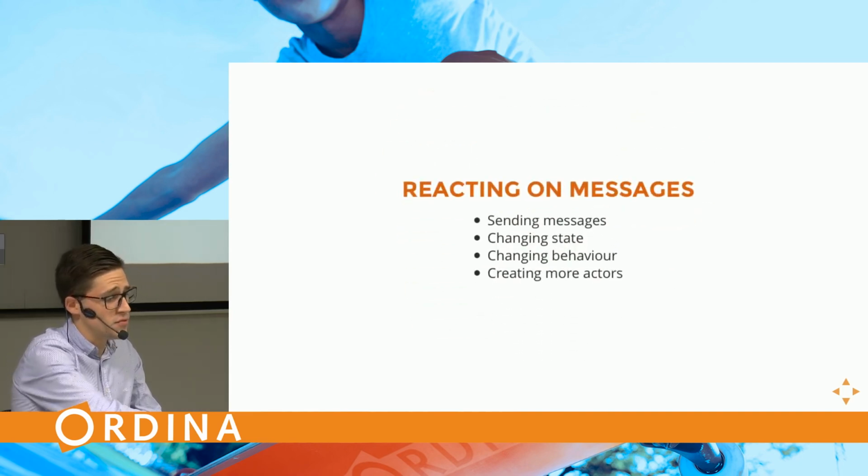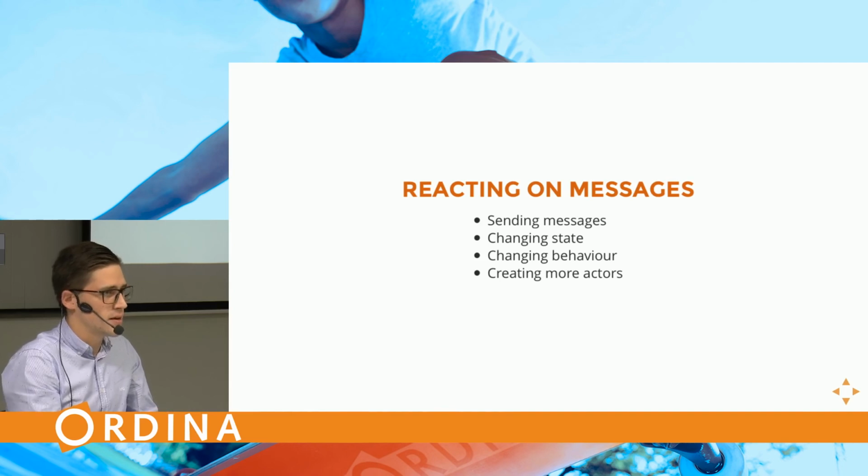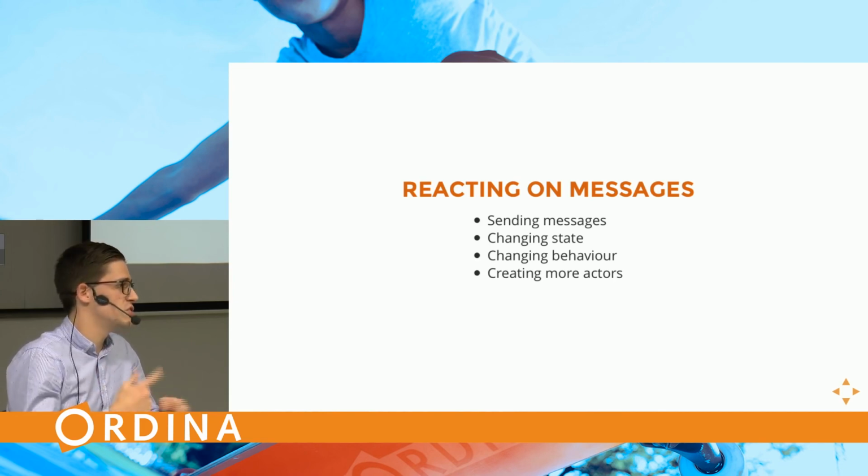One of the key features of an actor is that it reacts on the messages that it receives. And according to the actor model, an actor is able to react in 4 different ways on messages. When it receives a message, it can send a different message to another actor. It can change its internal state. It can change its behavior.